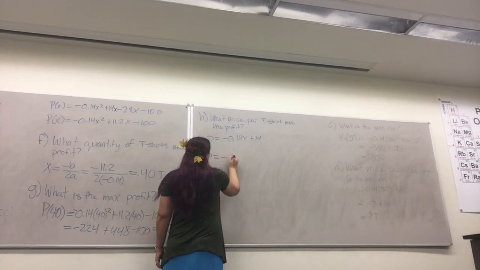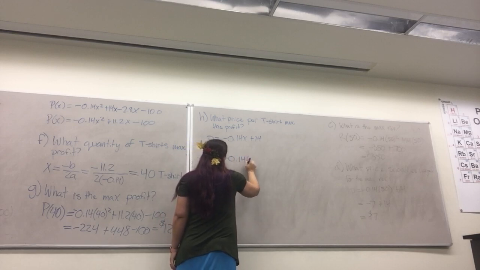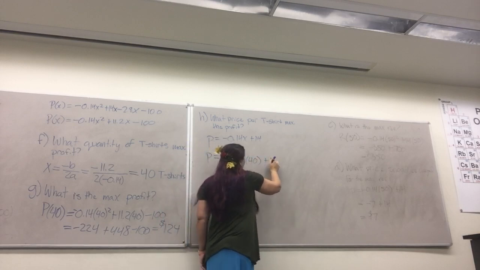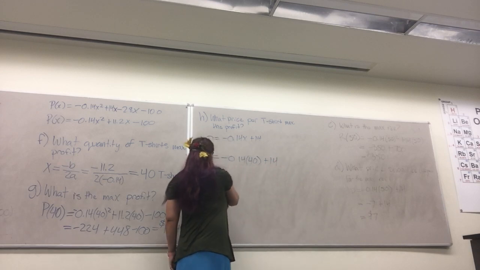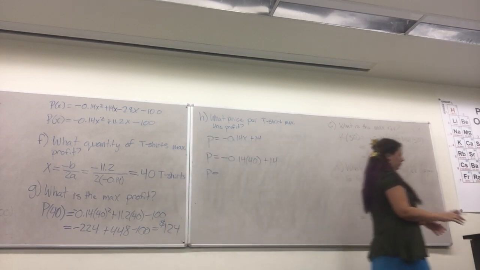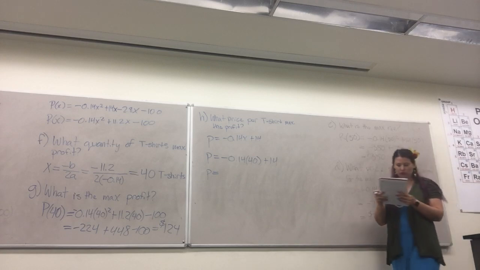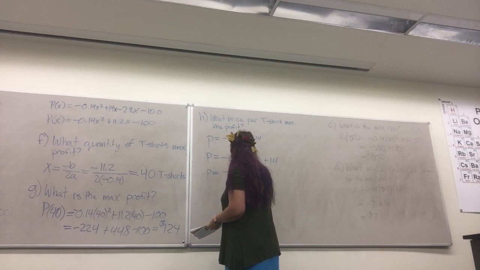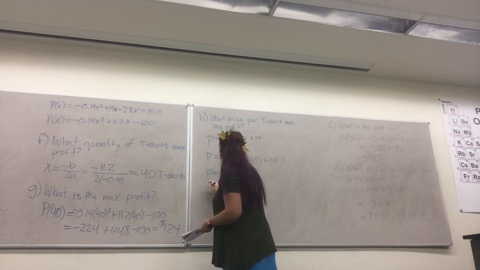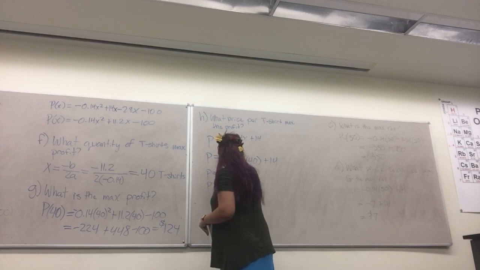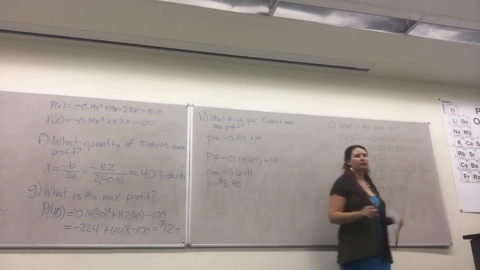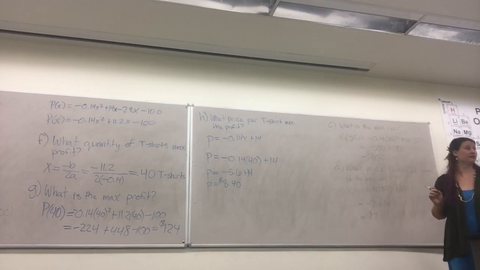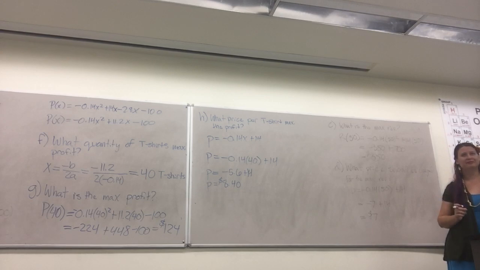So P is equal to negative 0.14 times 40 plus 14. So then the price is equal to negative 5.6 plus 14. So we end up charging $8.40 per t-shirt. It's very specific. Not 7, but $8.40.